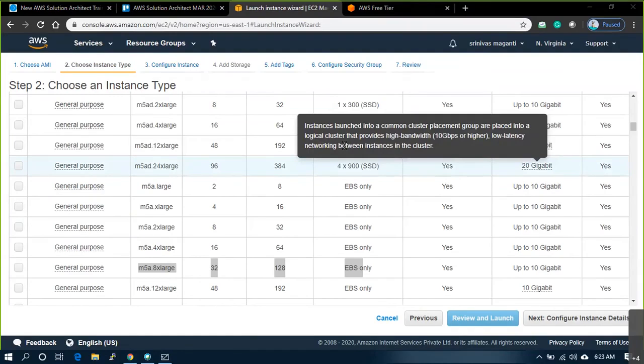But those things will not come into the picture when you are talking with the customer at the initial stage, because you never know what components the customer is going to use during the discovery sessions. It's more of existing infra discovery and finding out the feasible solution for migration.